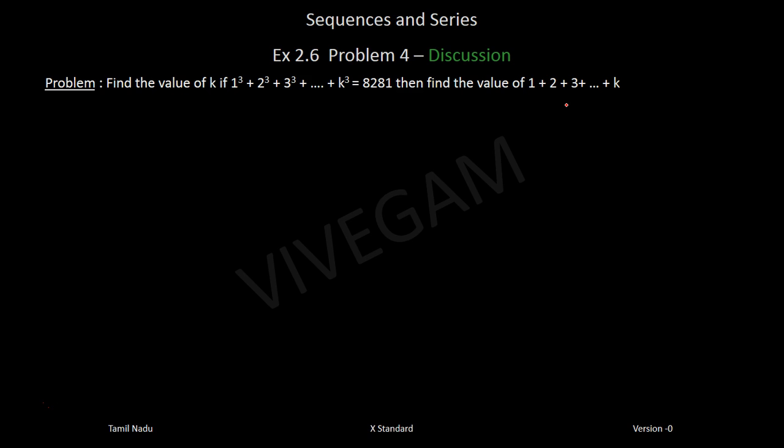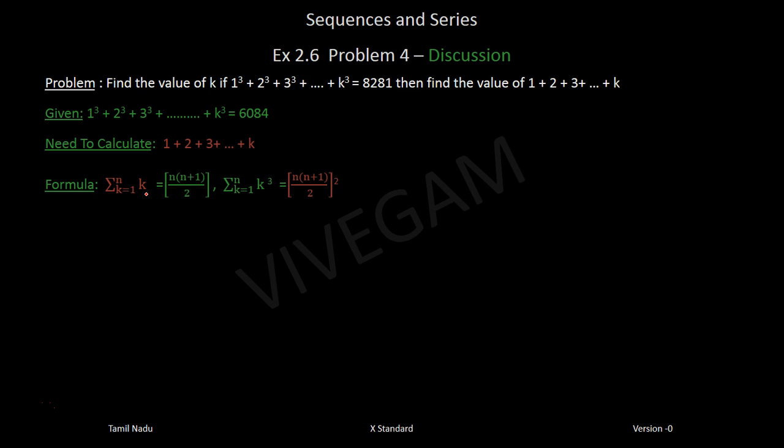Okay. So if it is not clear, don't worry, we'll work it out. So we are given that the sum of cubes up to k is 6084. And we are asked to calculate 1 plus 2 plus 3 to k, the sum of natural numbers up to k. What is the formula? Sum of natural numbers up to k is n into n plus 1 by 2.